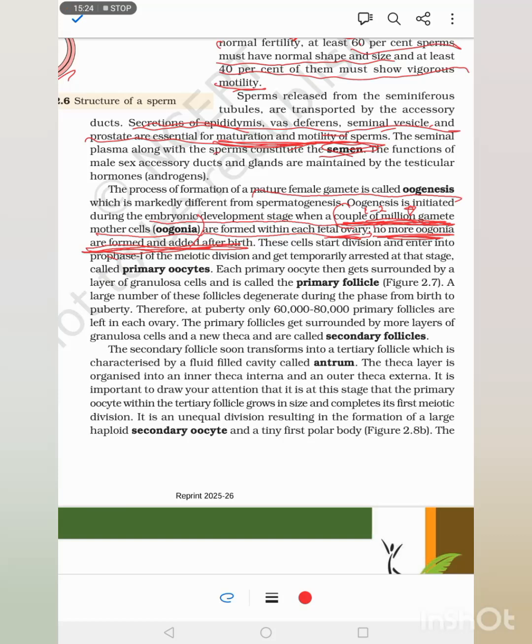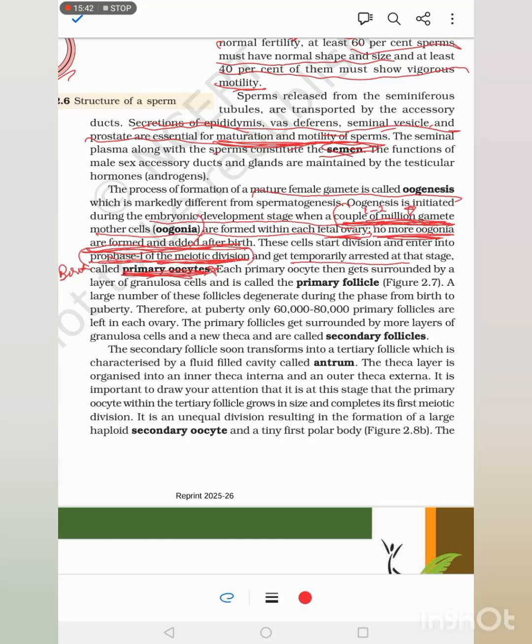And after birth, these oogonia start dividing and enter into the prophase 1 of the meiotic division. That means the first meiotic division's prophase, and it gets temporarily arrested, and that is known as the primary oocyte.